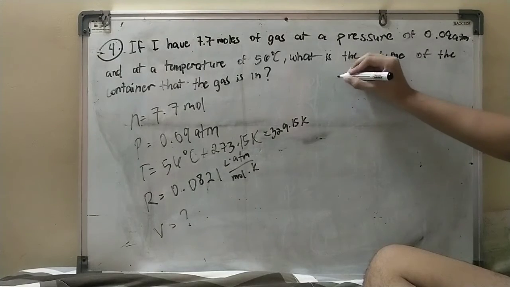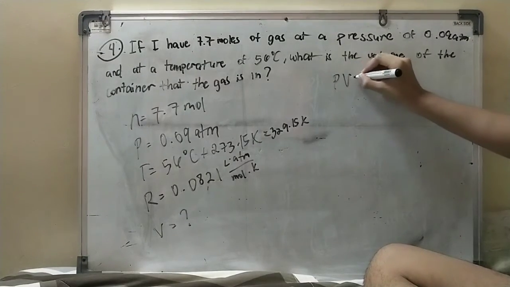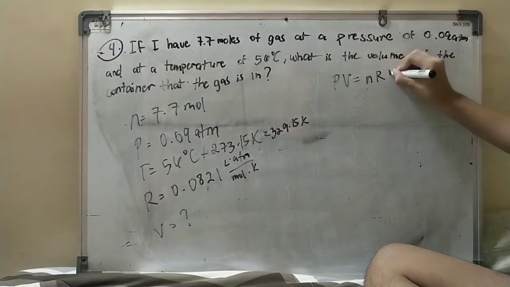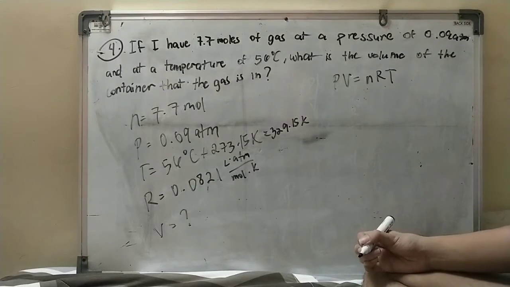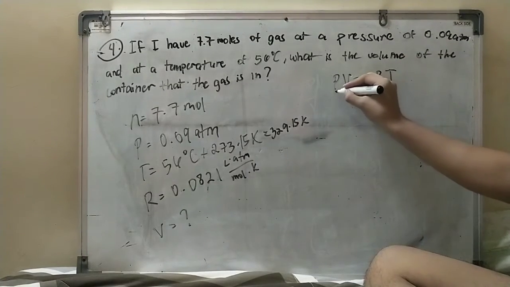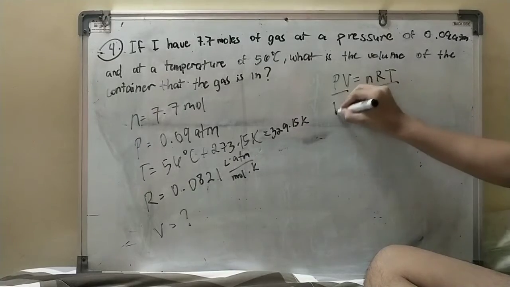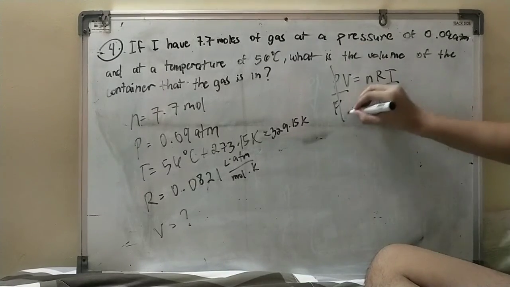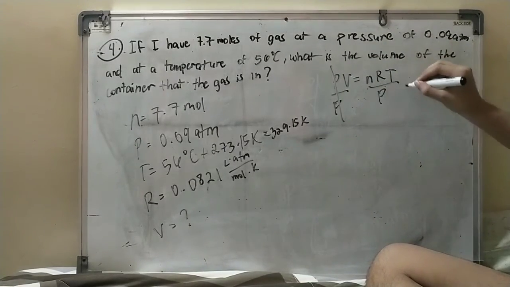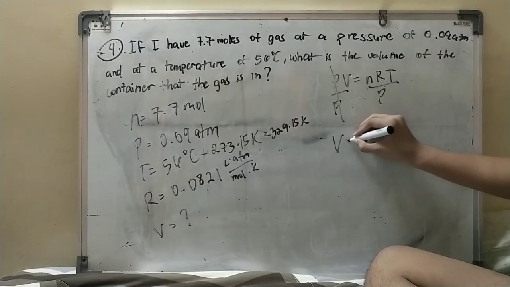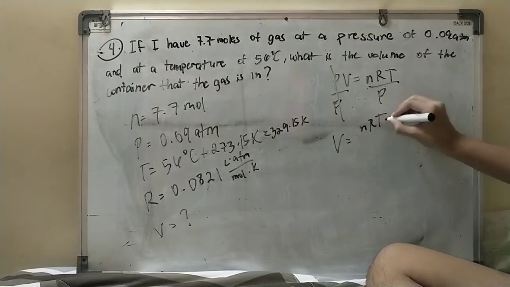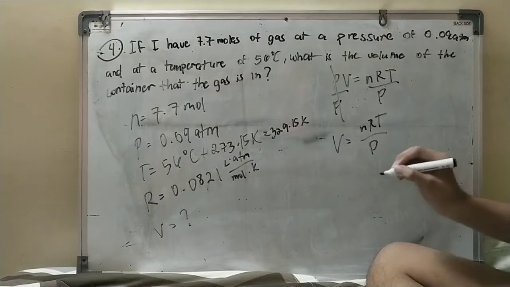So PV is equal to nRT. We're looking for volume, so we need to cancel out this P here. So let's divide both sides by P in order to cancel it out here and to balance the whole equation. So V is equal to nRT over P.